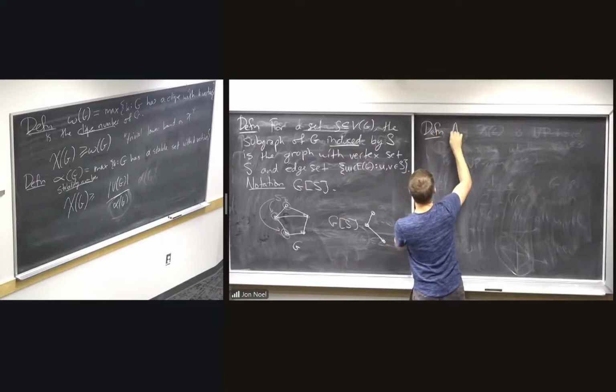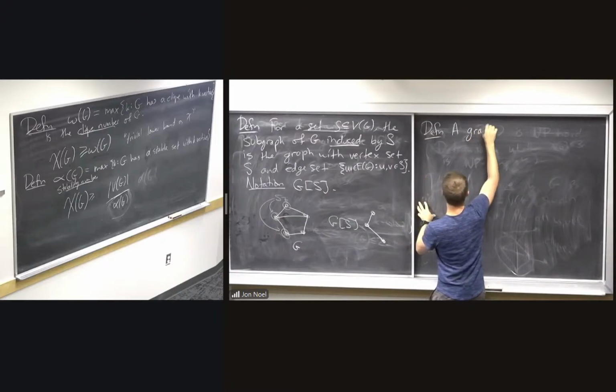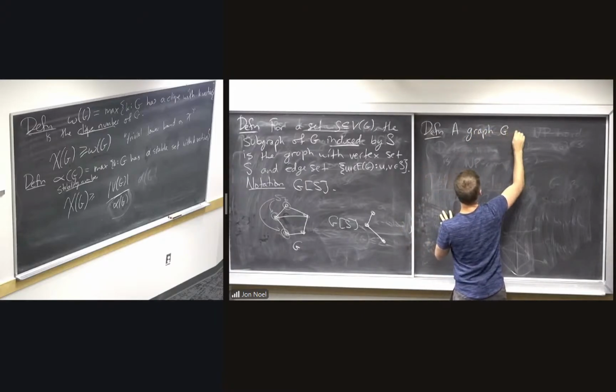So a graph G is perfect. This is just a definition.